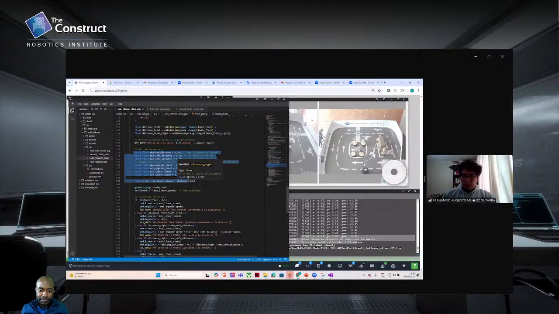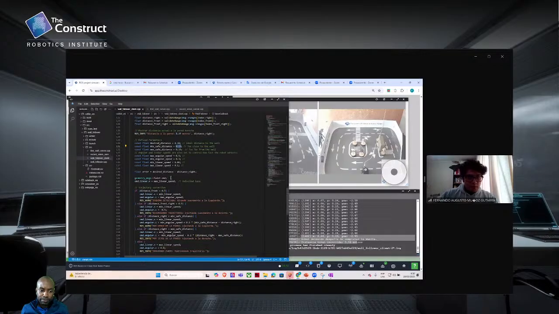Also in this part I always try to keep a good distance from the wall. If I don't have a safe distance, my robot has to turn right, and in this case I remember if you try to put that means safe distance.